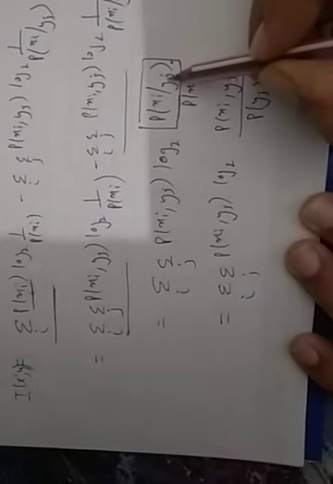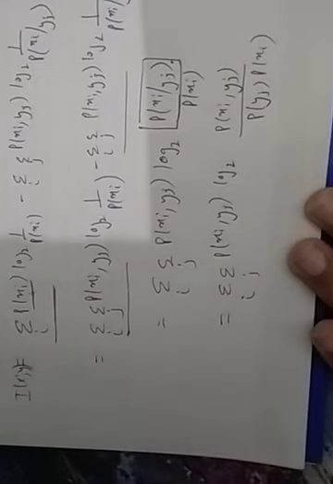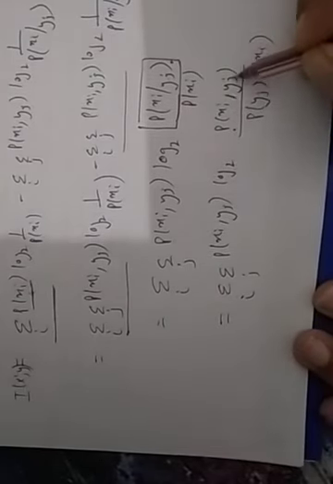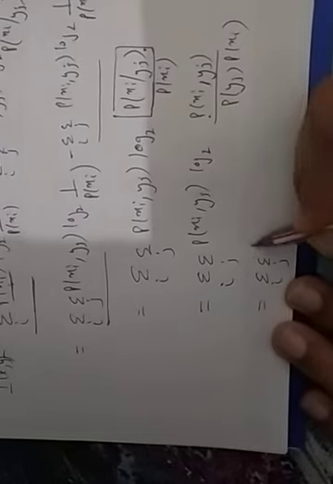This is the value of p(xi/yj), divided by p(xi), which is already there. Now we know the value of the joint probability p(xi, yj). This is equal to summation over i, summation over j of p(xi, yj) log base 2 p(xi) into p(yj/xi).